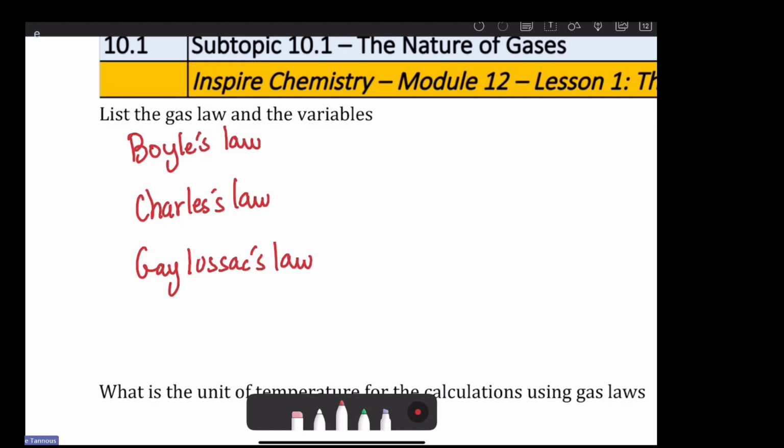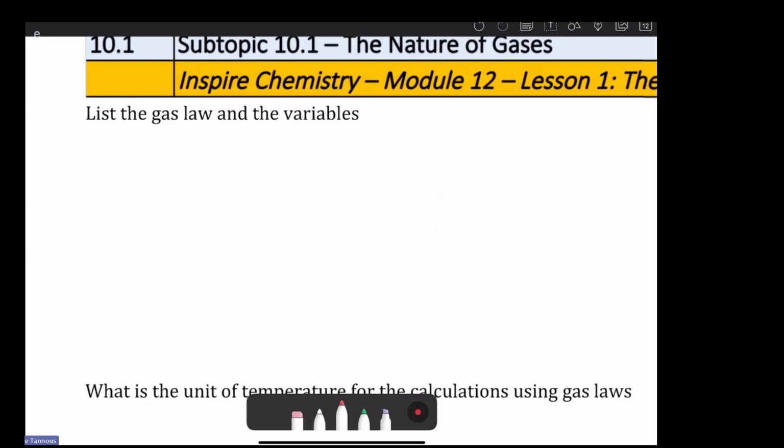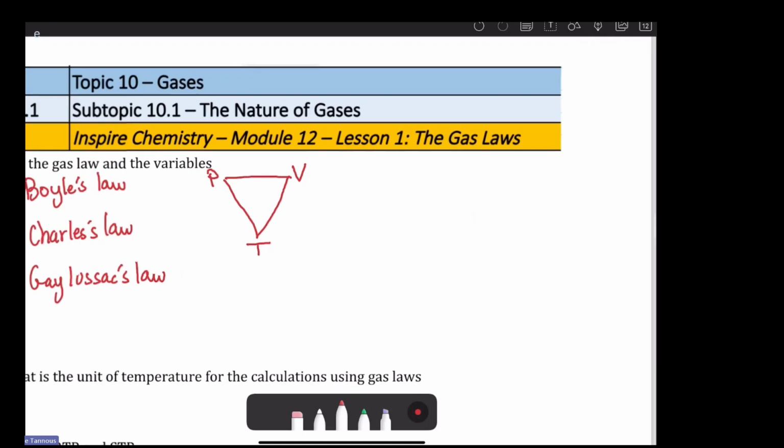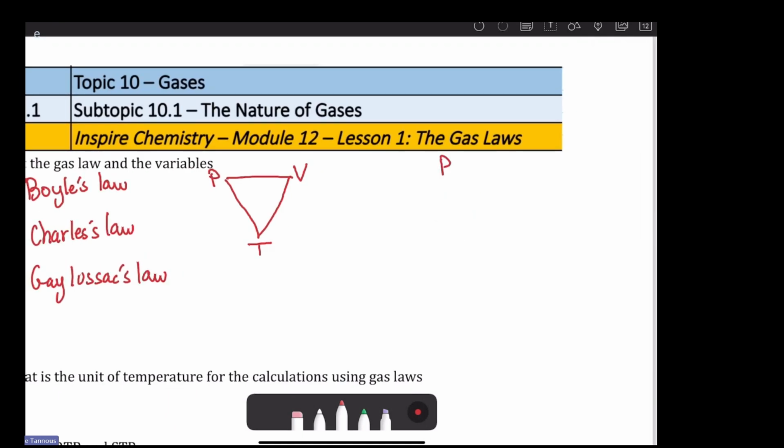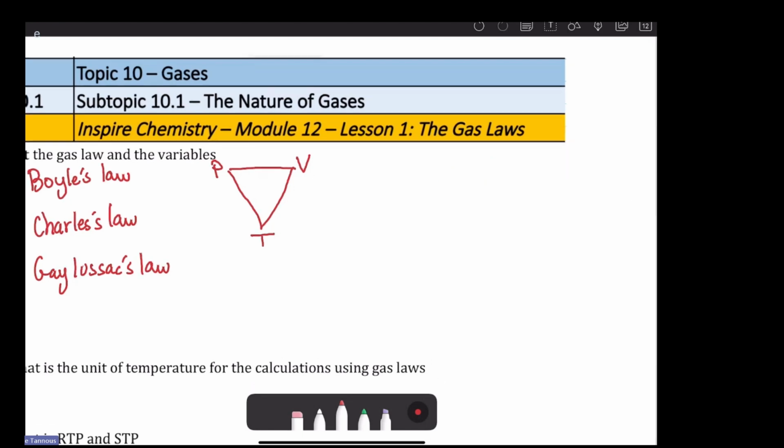sessions. Always remember this inverse triangle where you write P followed by V and T. Now, P, V, T, I need to talk about the variables. P is the pressure of the gas. V is the volume occupied by the gas. Could be in liter, could be in milliliter, it doesn't matter.